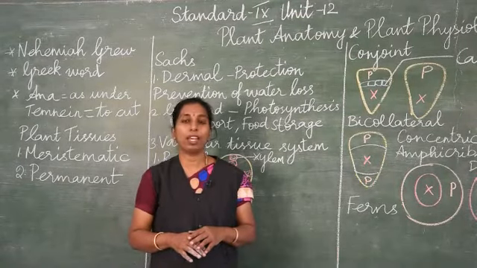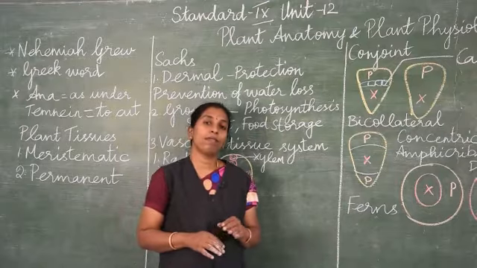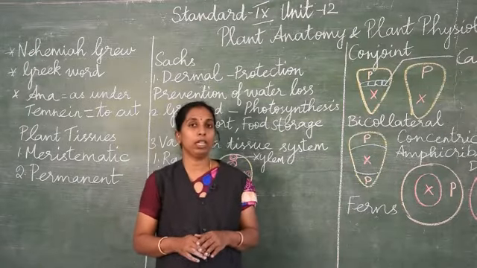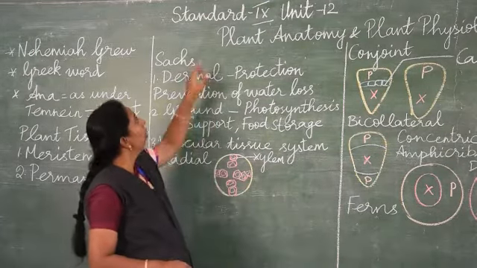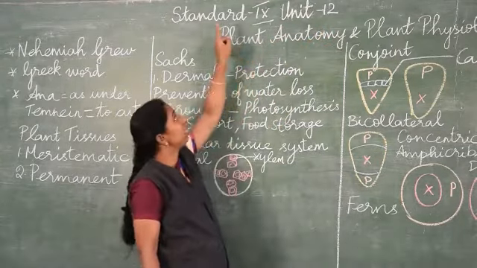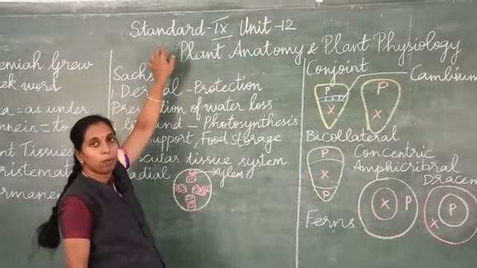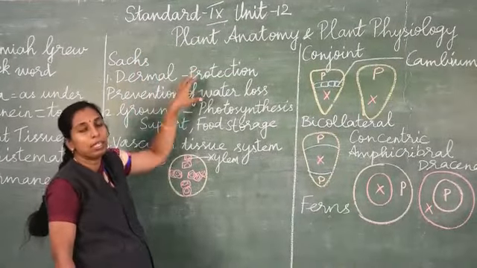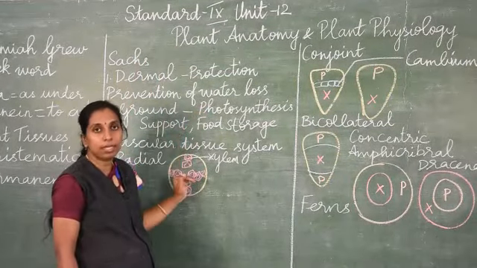So today we shall start with the first lesson in biology, that is unit number 12. I have written 9th standard on the board, but this portion is from 10th standard.